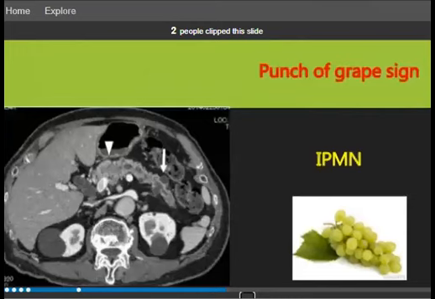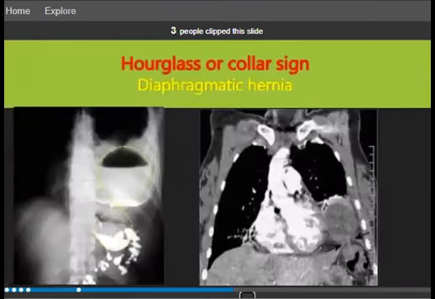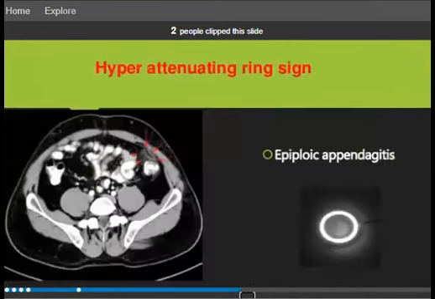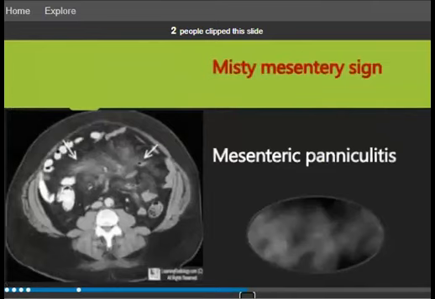Bunch of grapes sign, IPMN. Imagine that you eat grapes. Yeah. Hourglass, Cooler sign, diaphragmatic hernia. Hyperattenuating ring sign, again epiploic appendagitis.